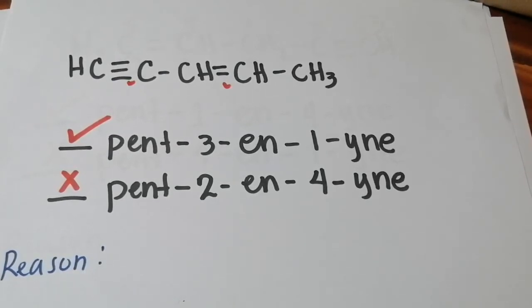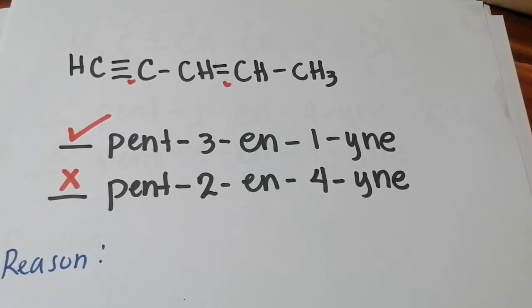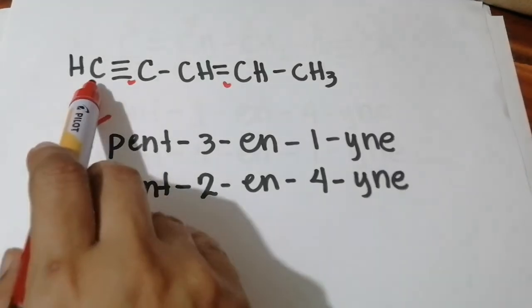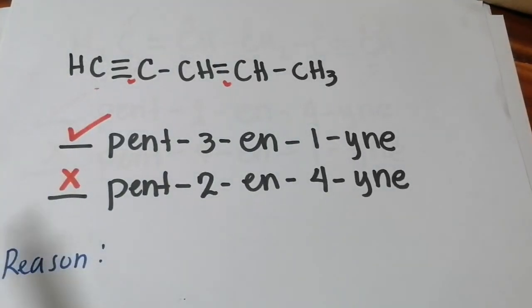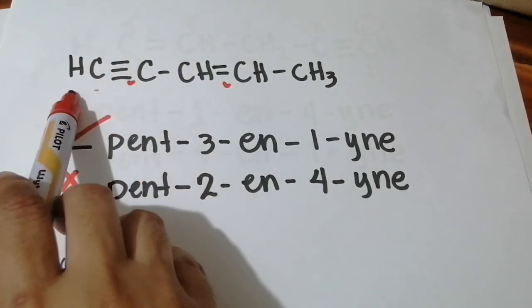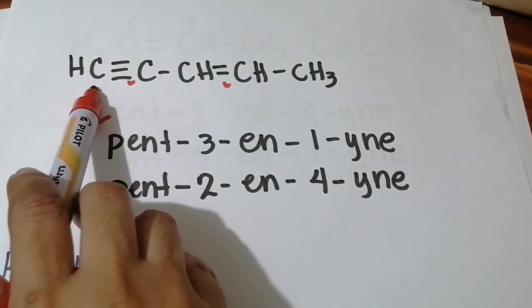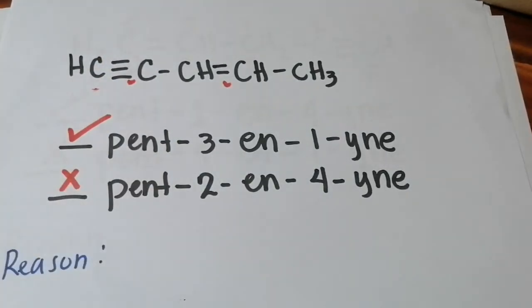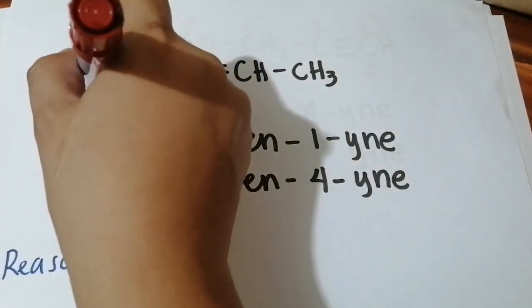According to the rule, if there's a double and a triple bond and the positions are not the same, we always look at the multiple bond that is nearer to the starting carbon. The triple bond is the one nearest to this carbon, so we have to start counting from here.